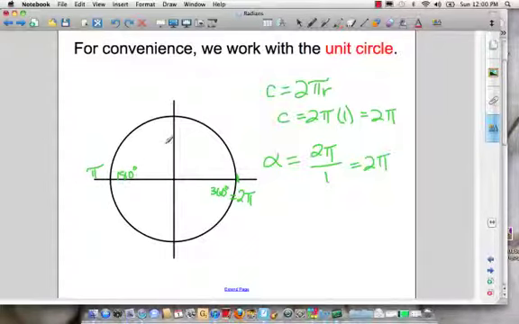And then if you think about it, up here at 90 degrees, that's halfway to pi, so we represent 1/2 pi with pi over 2. And then down here, you're from pi to 2 pi, halfway in between those should be 3 pi over 2, or 270 degrees. And this 360 degrees could also be called 0 degrees or 0 radians.